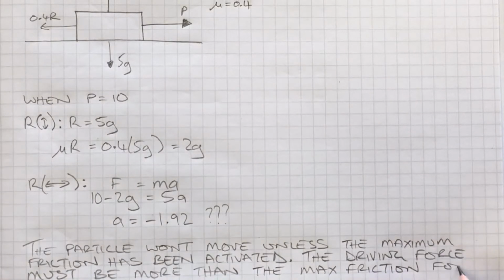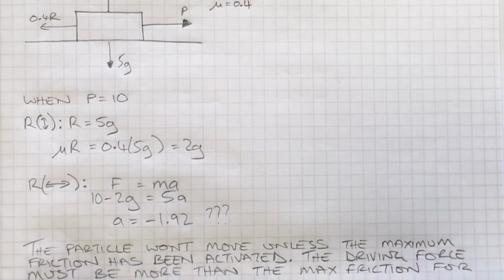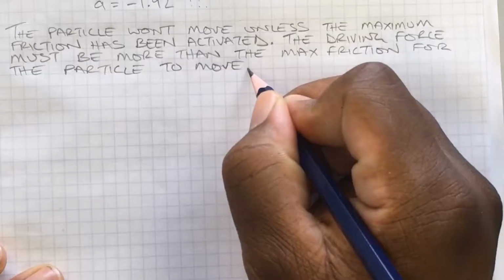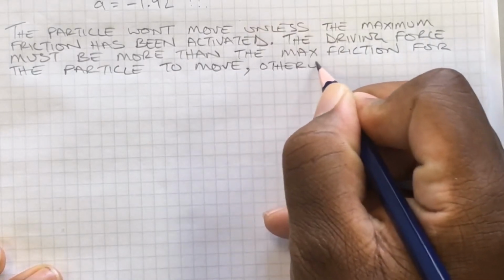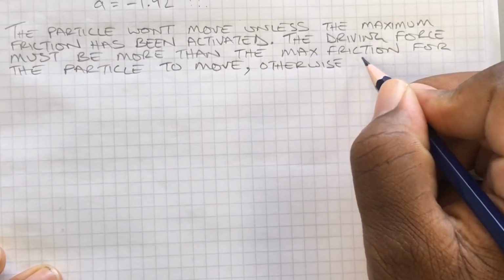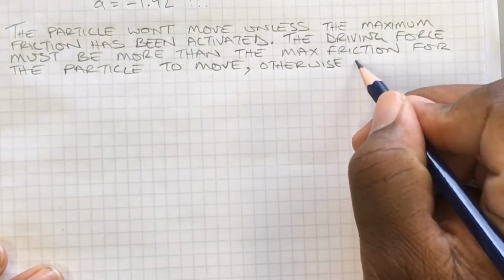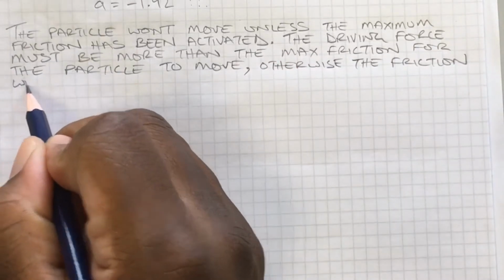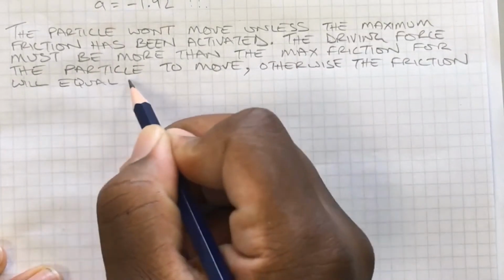The object is at rest, it's not moving, so the force to the right should match the force to the left. So you should always want to firstly compare the driving force to the maximum friction and get an understanding of whether or not this object, this particle, is in motion.